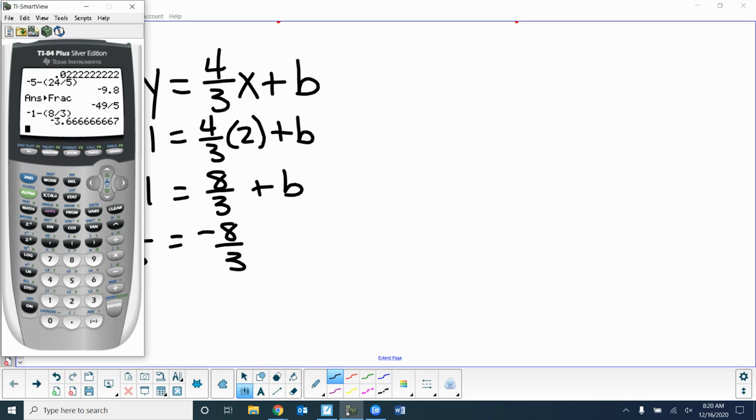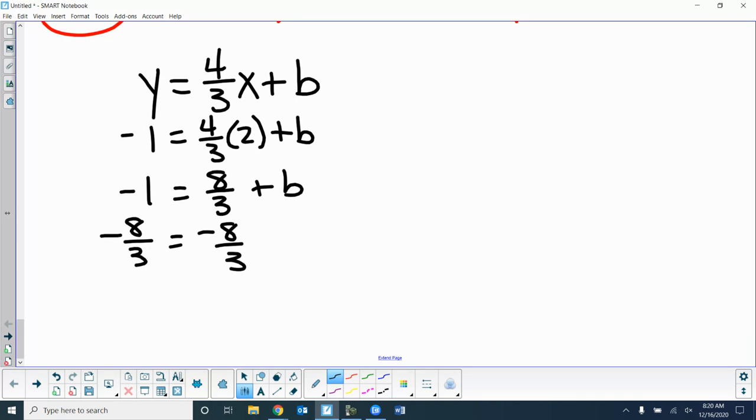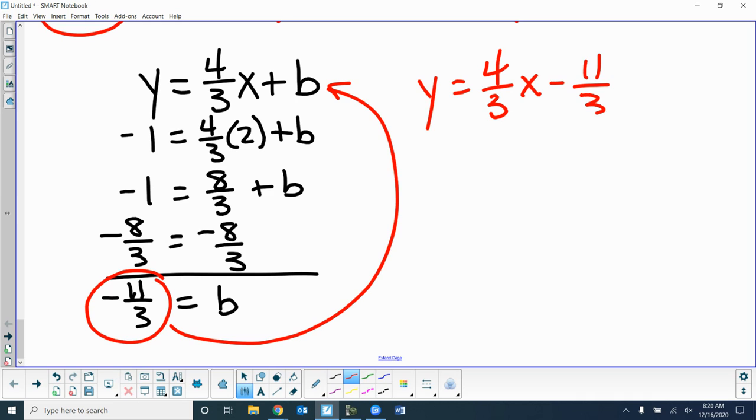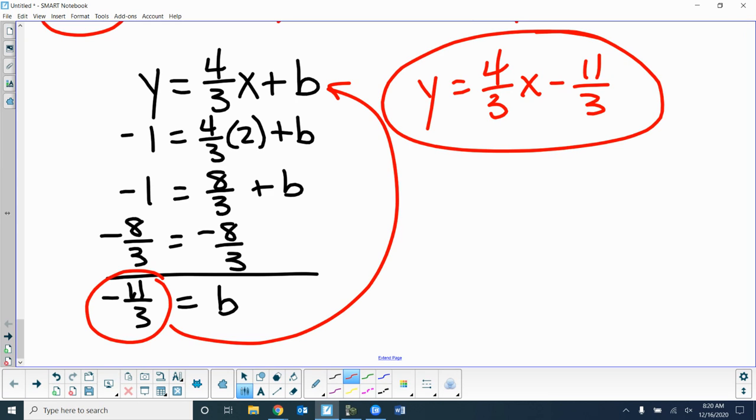You can use that if you want. -3.6 repeating, or change it to the fraction. -11/3. Okay, so again, I'm going to put that here for my answer. So y equals 4/3 x minus 11/3. Okay, that's the equation of the line that matches those conditions.